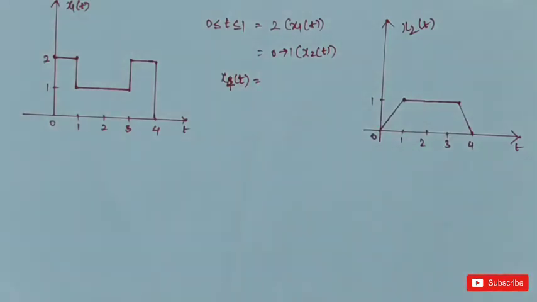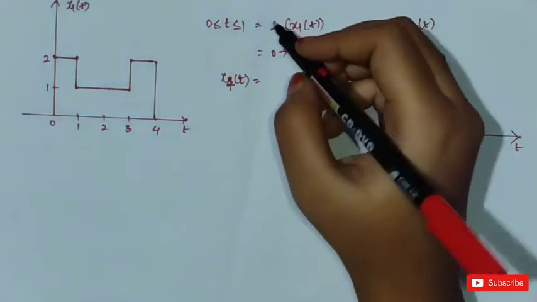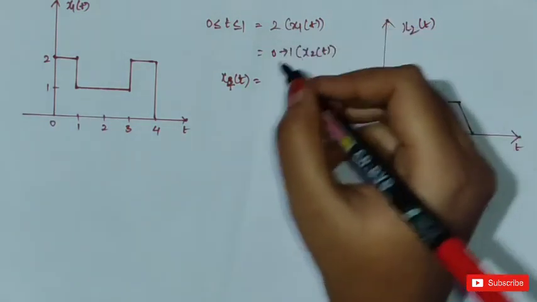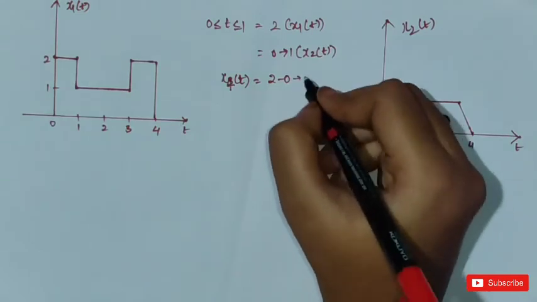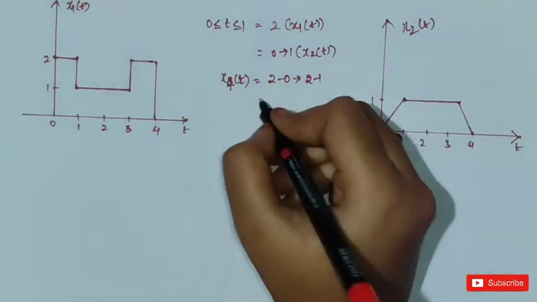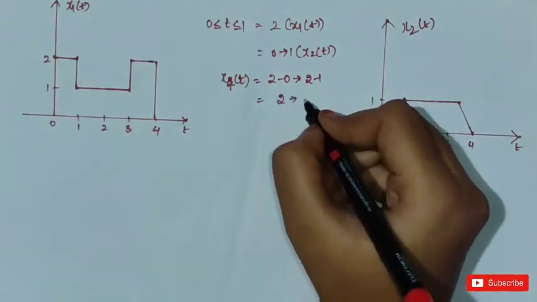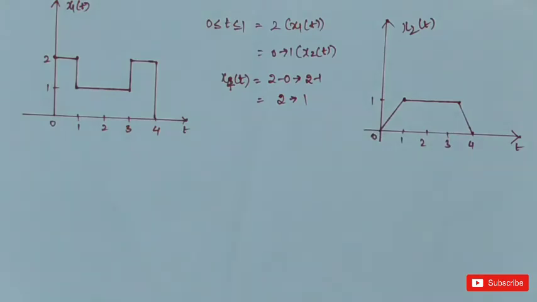This x4 of t is obtained by the subtraction of x2 of t from x1 of t. So how should we do it? 2 minus 0 to 2 minus 1. 2 minus 0 is nothing but 2 and 2 minus 1 is nothing but 1. So in between the interval 0 to 1, the signal decreases or falls from 2 to 1.